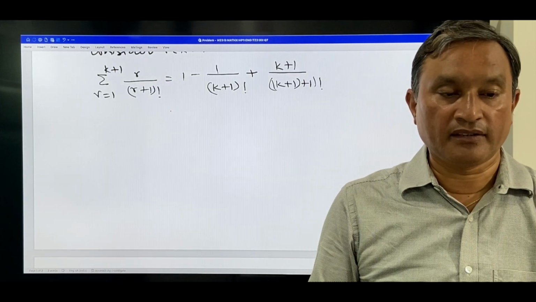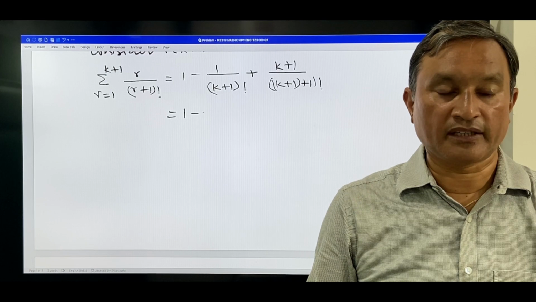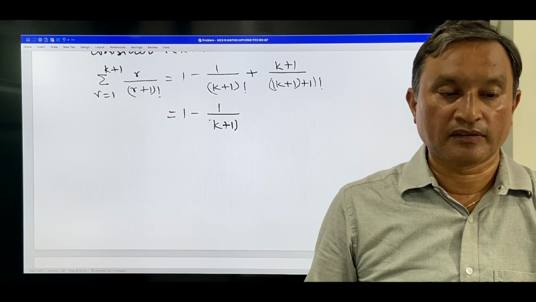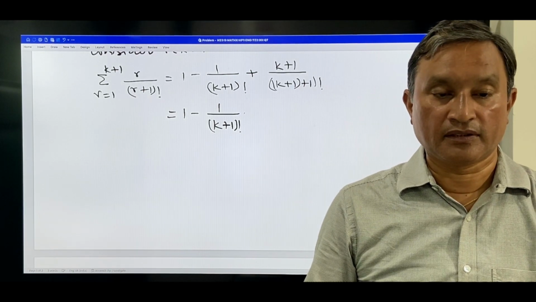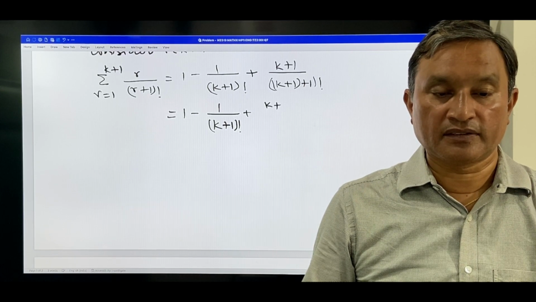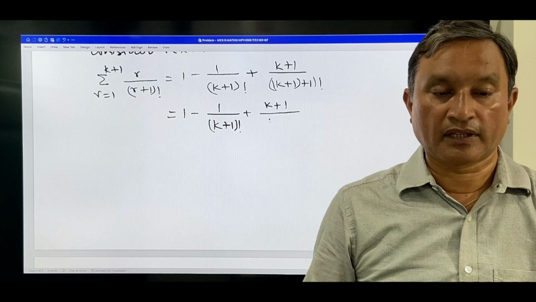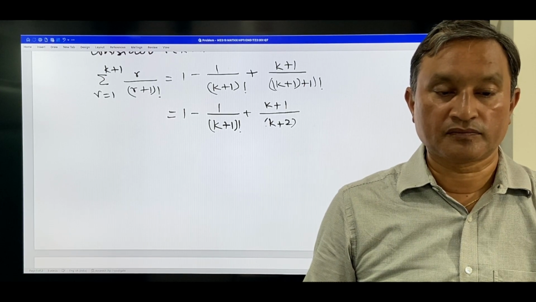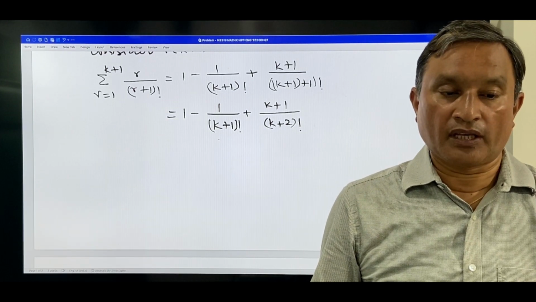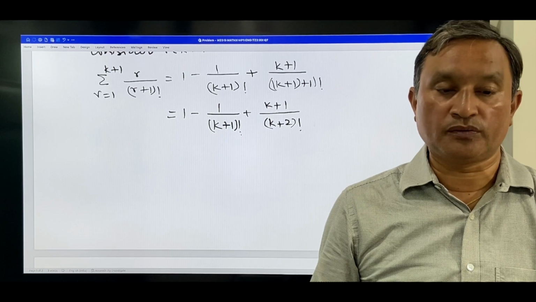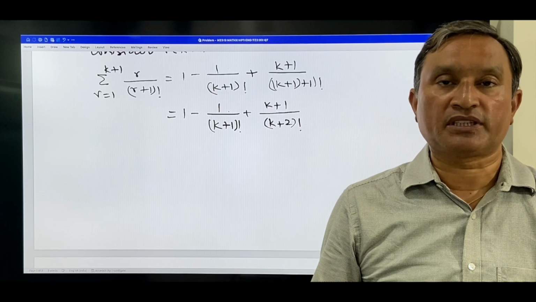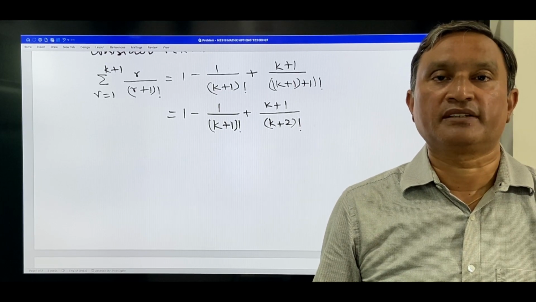Now we will simplify 1 minus 1 upon (k plus 1) factorial plus (k plus 1) upon (k plus 2) factorial. Now in the second term, if we want k plus 2, for the simplification we will have to multiply by k plus 2 in numerator and denominator.